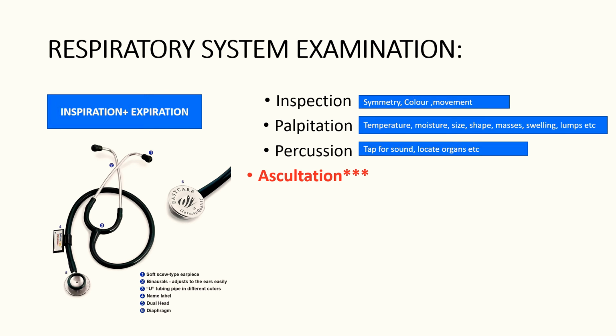Inspection is the process where we visually observe the general appearance, whether the breathing is smooth, whether the body is symmetrical or not, the skin color, the movement, etc. Palpation is a type of examination where we use our hands to feel the temperature, moisture, texture, shape, pulsation, and any presence of swelling or lumps in the body. Percussion is a technique where we tap the skin for sound or to locate particular organs.